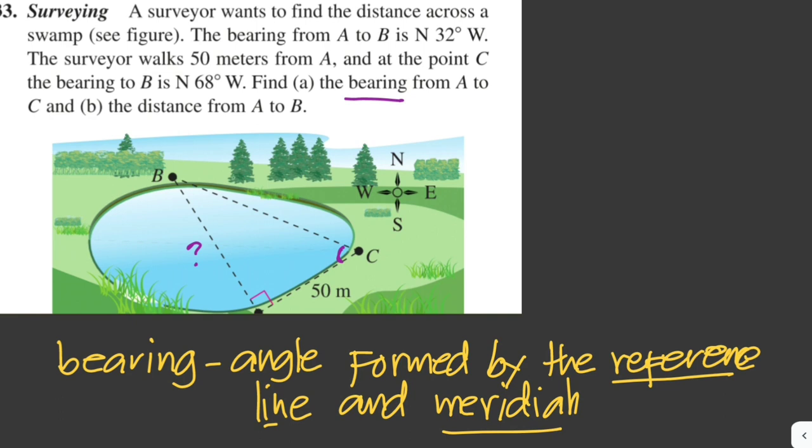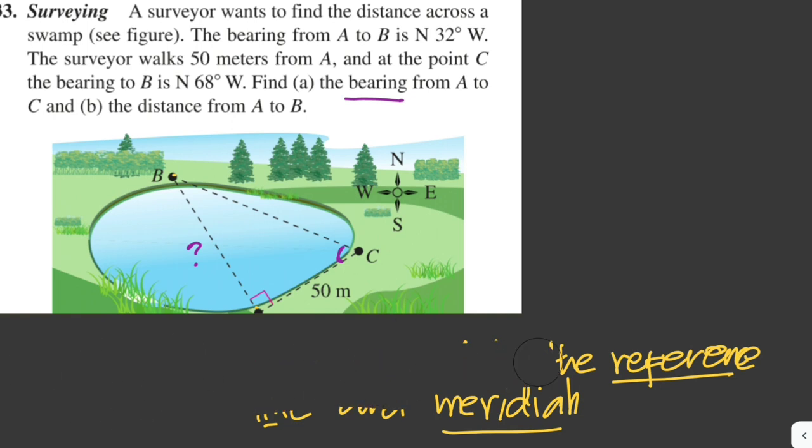The reference line here in this problem is already given, point A to point B, and the meridian is the imaginary line of longitude on the earth that extends from the north to south pole. So it's basically a vertical line.